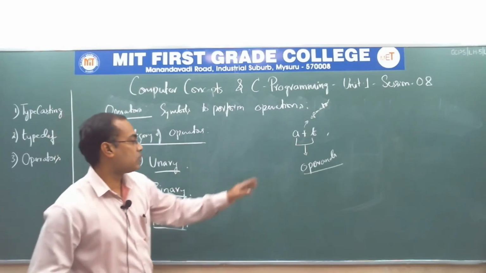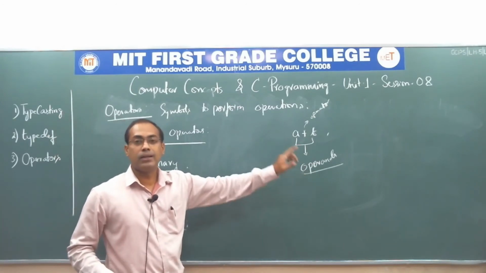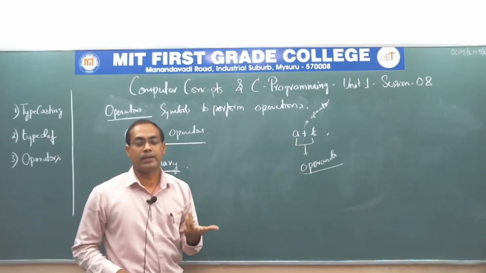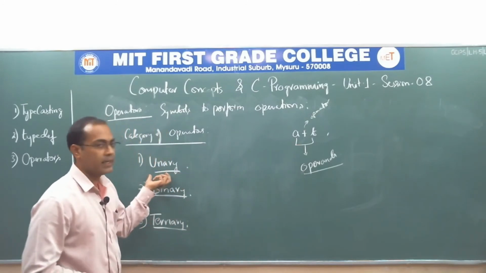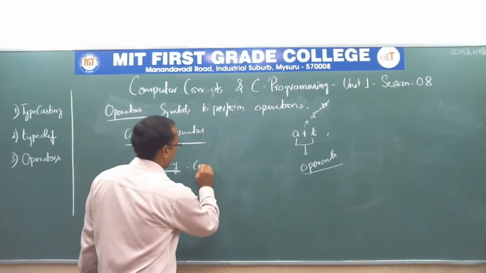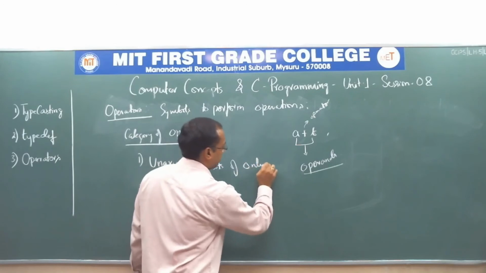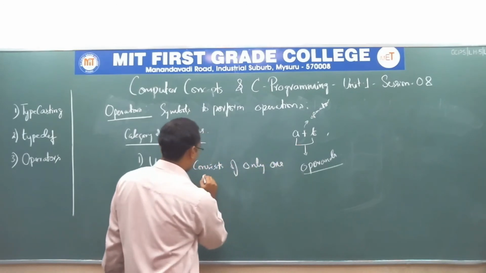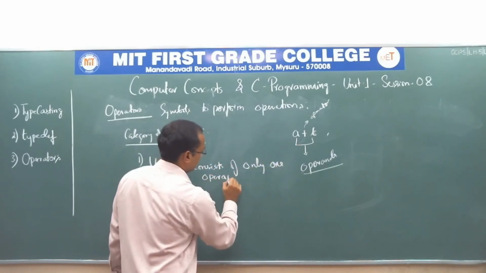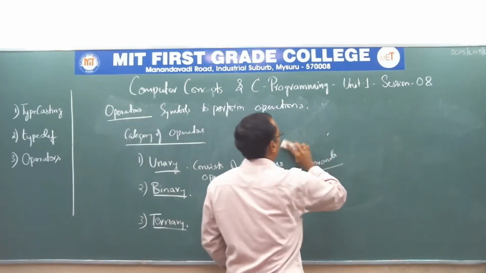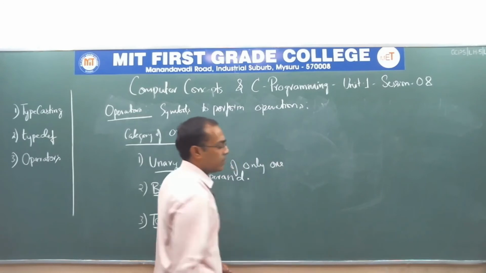So if there is only one operand with the operator, then we call such kind of operators a unary operator. It consists of only one operand. So there will be no two operands, only one operand.